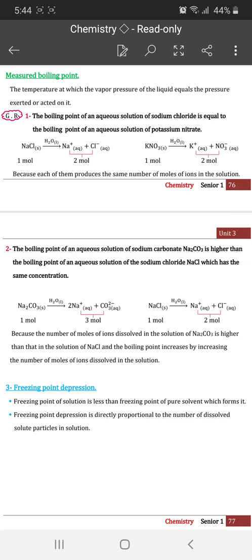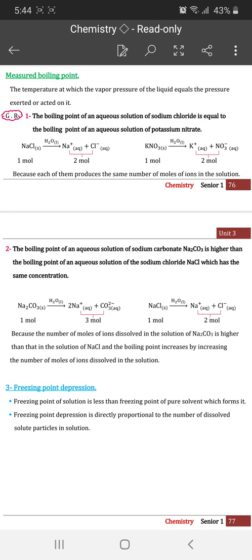If we have NaCl, when it is ionized into Na positive and Cl negative, and also we have another solute, KNO3, which is ionized into K positive and NO3 negative, each of them produces the same number of moles of ions.